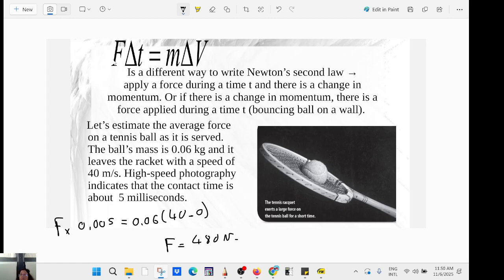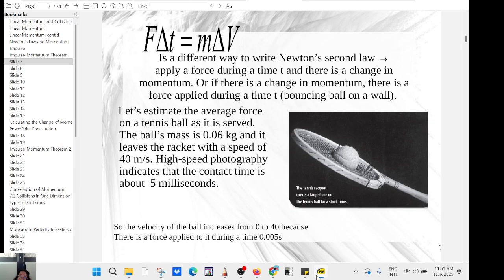So if there is a kick, there is a change in momentum, but you can play on the force or you can play on the time. If you increase the time, you increase the momentum. Okay. You can increase the force also by decreasing the time, right?